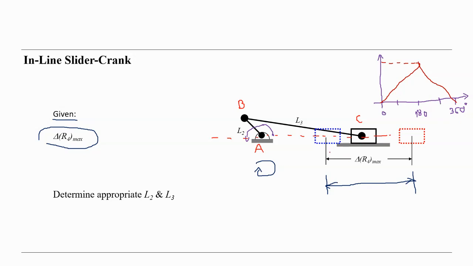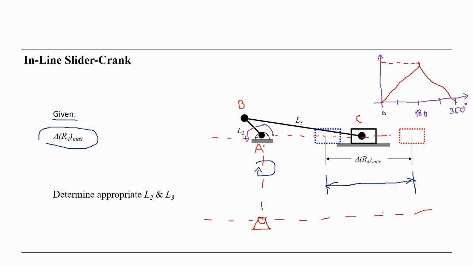If we measure the stroke starting from 0 here, we learned also the limiting position, isn't it? The limiting position was like this. Here is our A. Since it is inline, let's draw the line here.